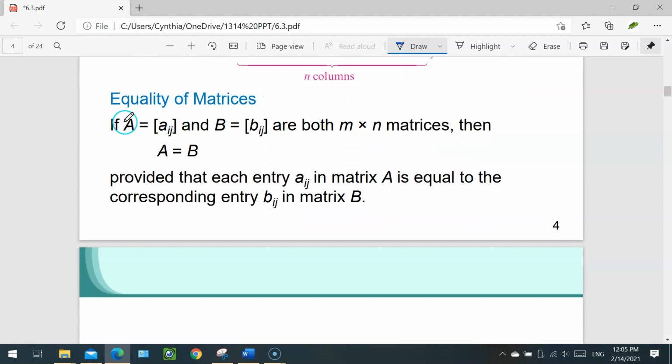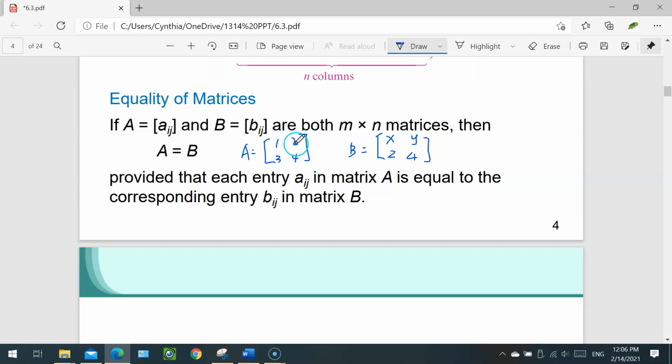Equality of matrices. If matrix A has size I by J, and matrix B has the same size I by J, so they have the same dimension, then we can compare them. Now, if I have matrix A as 1, 2, 3, 4, and matrix B has X, Y, Z, 4, and these two matrices are equal, they have the same dimension, 2 by 2.